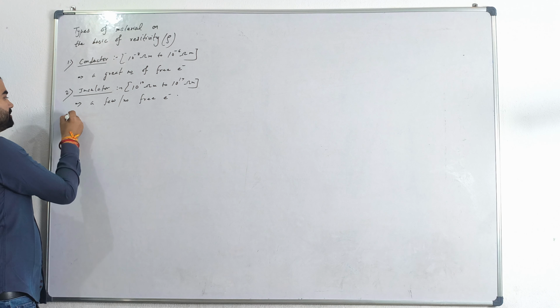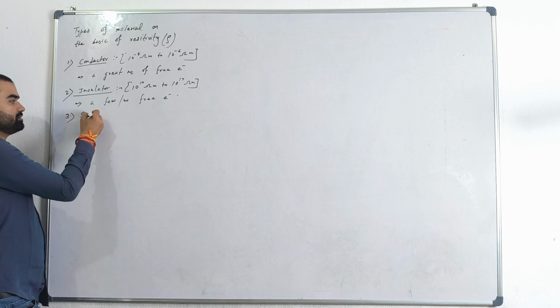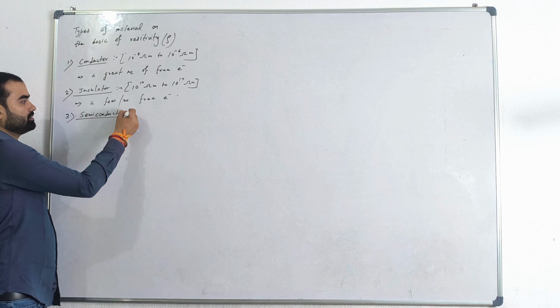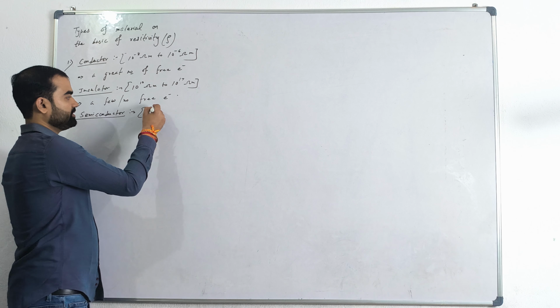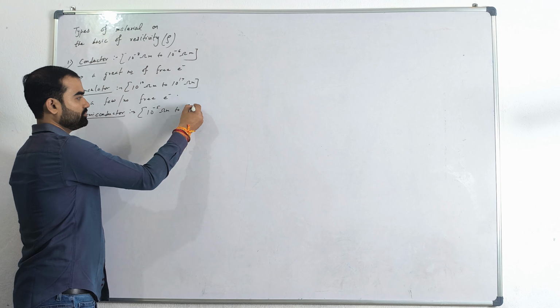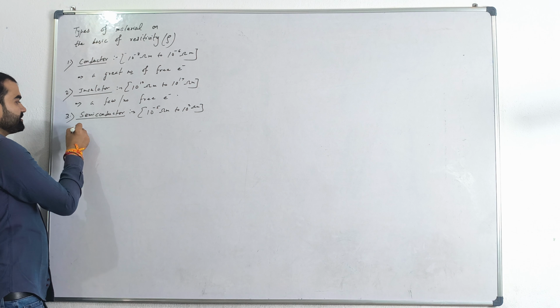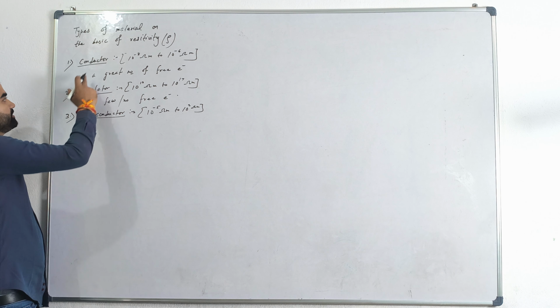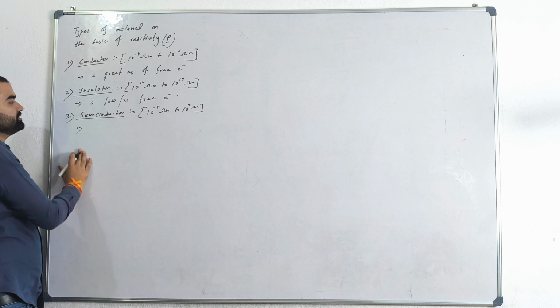Third one is semiconductor. The resistivity is 10 to the power minus 5 ohm meter to 10 to the power 2 ohm meter. It means the number of free electrons lies between the number of free electrons for conductor and insulator.